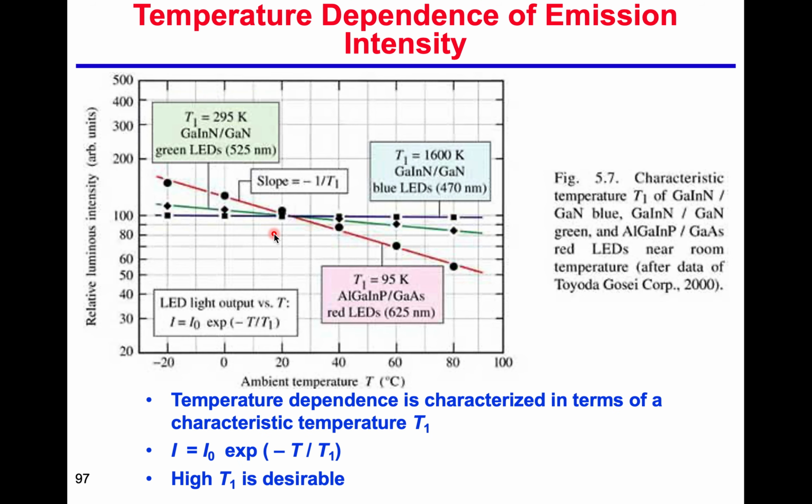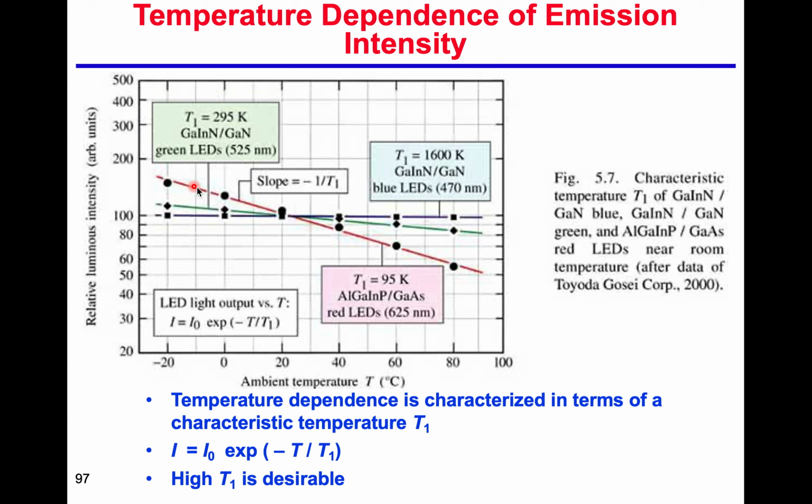And here this figure shows the temperature dependence of the emission intensity. We said that when we increase the temperature in a semiconductor, that typically results in the intensity decreasing, because higher temperature means more phonons, and the phonons will increase the non-radiative recombination rate.